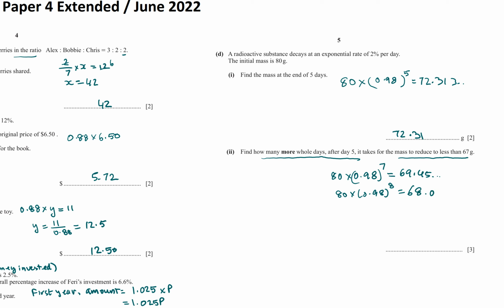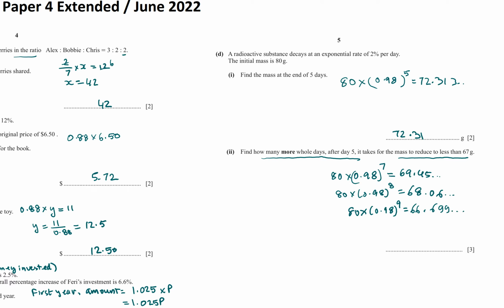Let me try 9, sorry, I'm going backwards. 80 multiplied by 0.98 to the power 9. So that is 66.699 and so on.